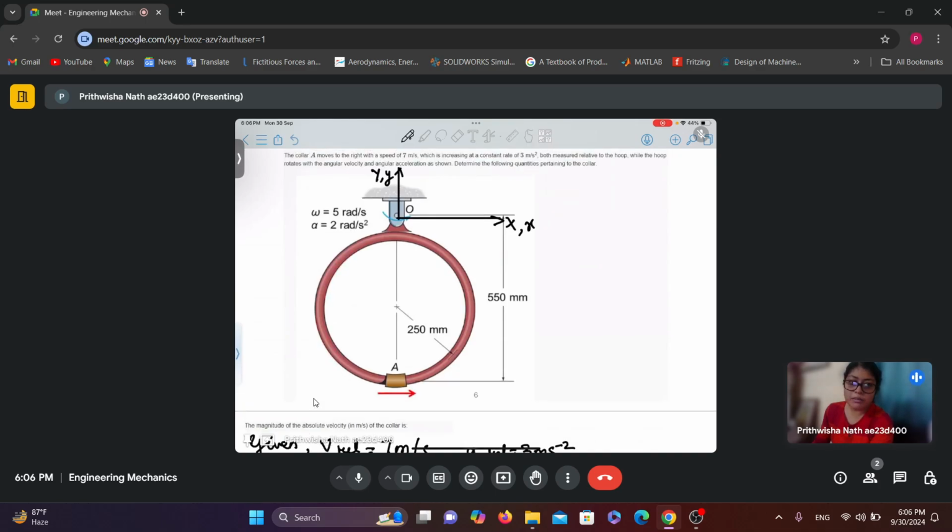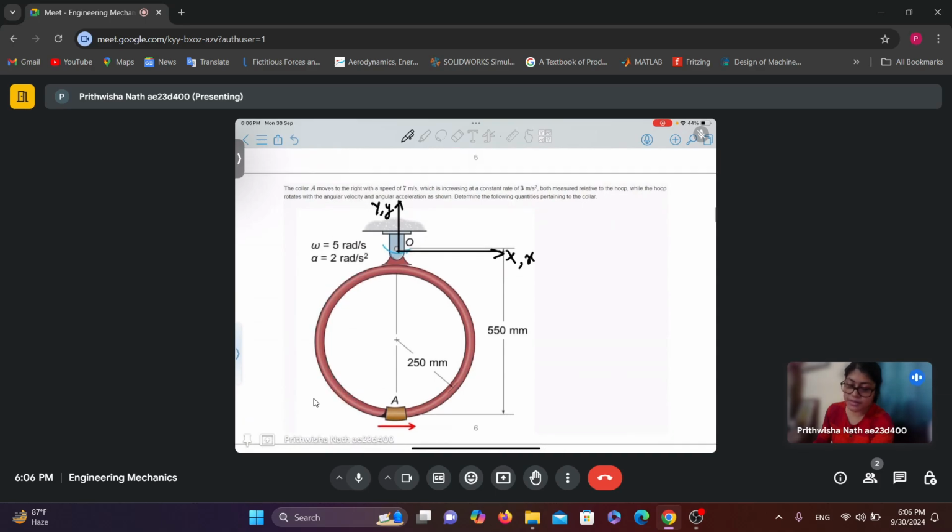Now we have attached the frame of reference as follows, as can be seen from the diagram.